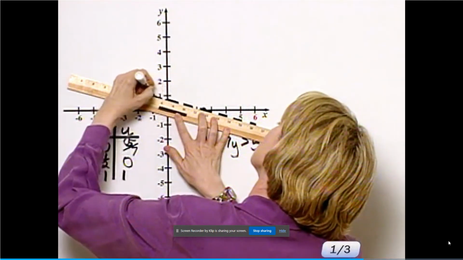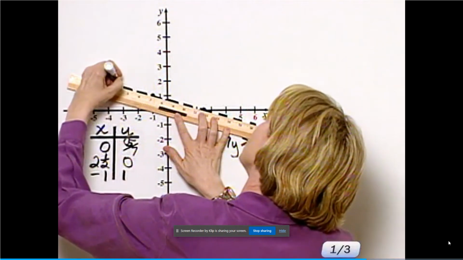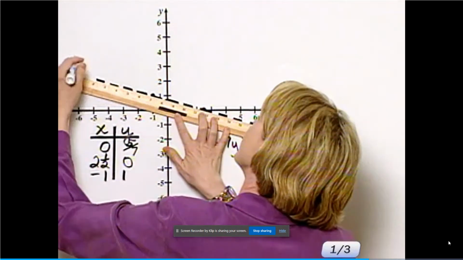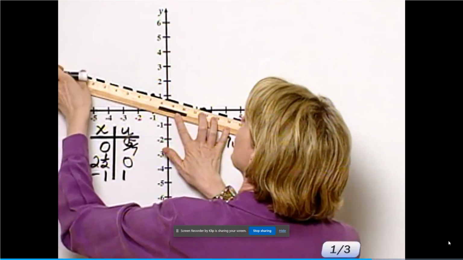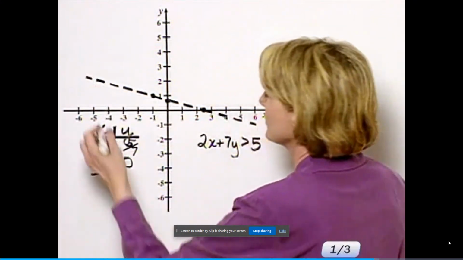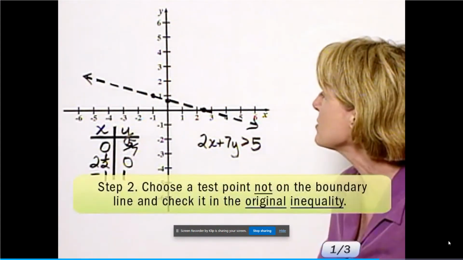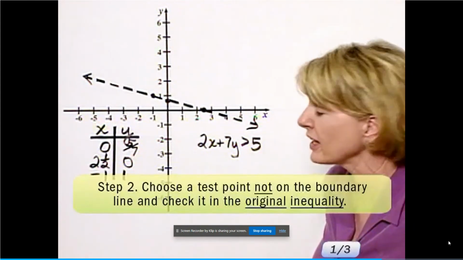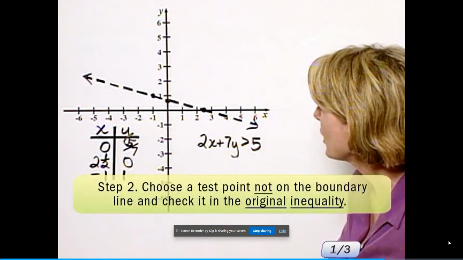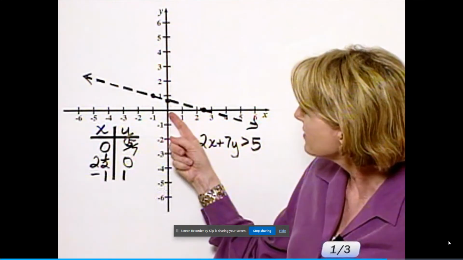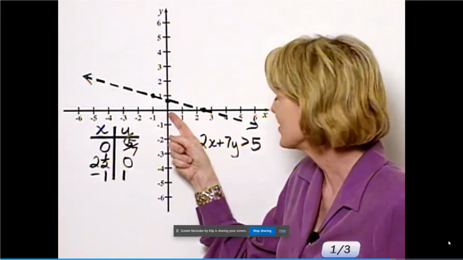What do we do after this? We locate a test point not on the boundary line. Now let's locate a test point anywhere not on the boundary line. Let's use 0, 0 as our test point right there. All right, it's the origin.